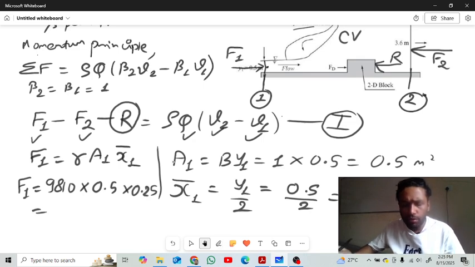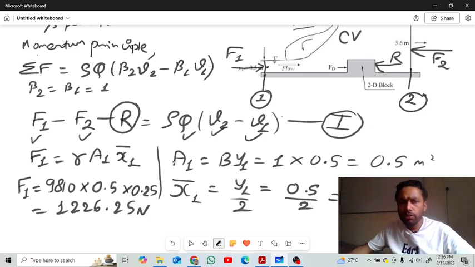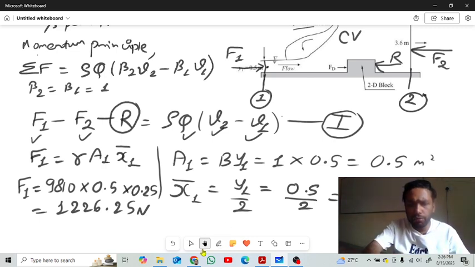If you substitute all the values, F1 is 9810 into 0.5 into 0.25, which is 1226.25 Newton. This is F1. Okay, I've got F1. Likewise, I'm going to calculate F2 over here. So let's go and calculate F2.